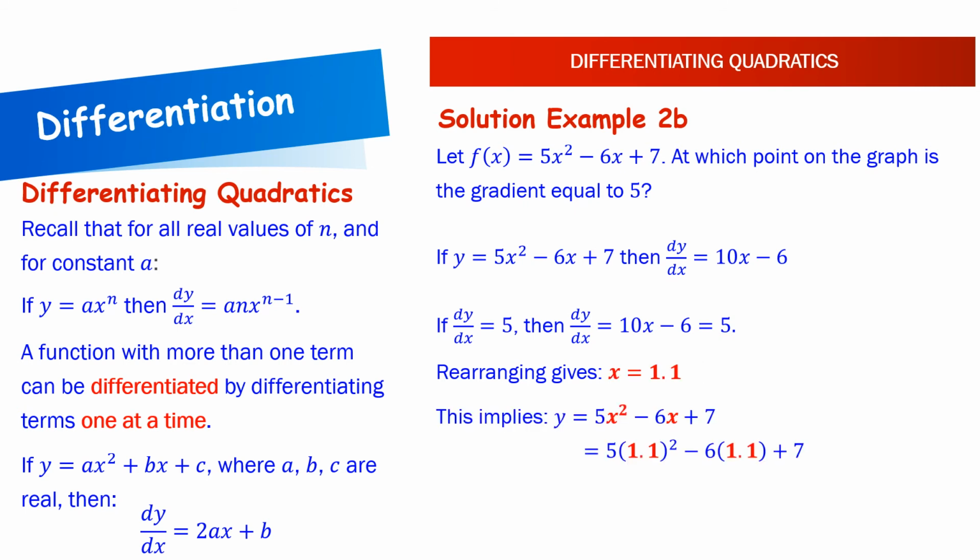And then plugging this into our equation for y gives us y equals 6.45. So the gradient is equal to 5 at the point (1.1, 6.45).